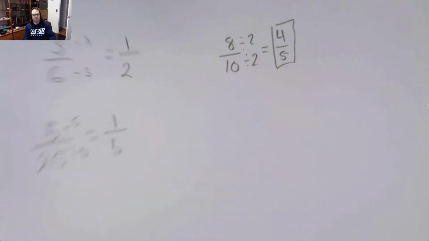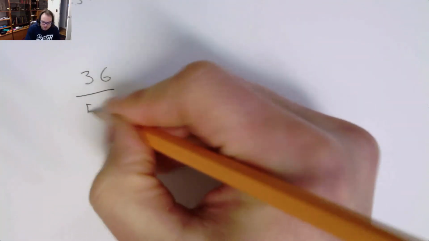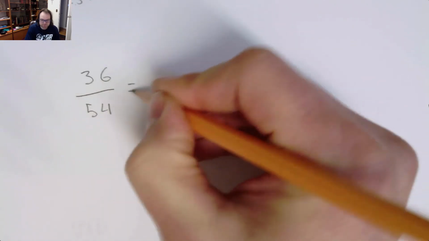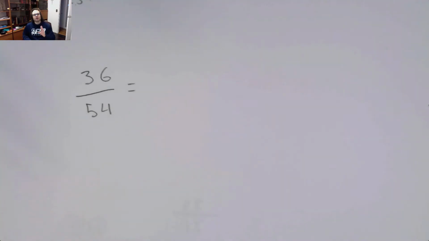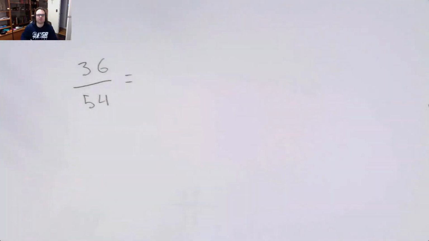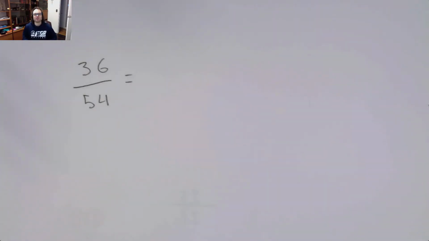Now, what happens if we get something a little bit more challenging? So let's try something like this. If I have 36 over 54. Now, when we look at this here, and this is a little bit more challenging, you might not see everything right away. One way I like to do it is to break it down into its prime factors. So let's look at 36 here.